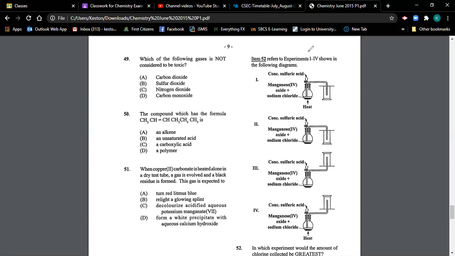Sulfur dioxide is mildly toxic. So out of all of them, carbon dioxide is the least harmful out of all three.